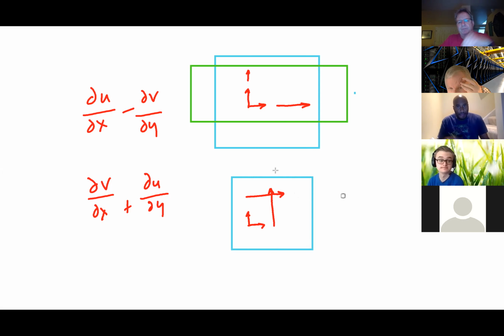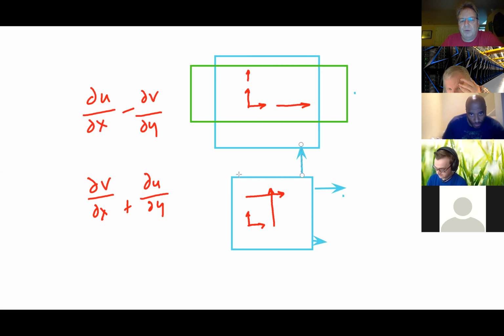Do you agree that this side of the square would move that way, and this side of the square would move less, and this side would move more? So that means my square is not a square, but a rectangle that's larger than the original square.